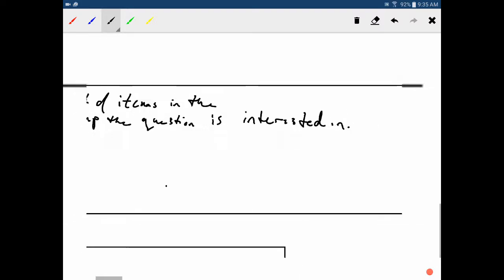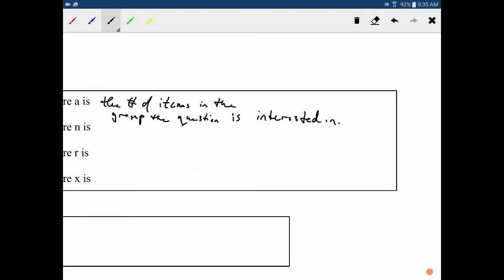For example, in this question with the jury, that would be the number of women.